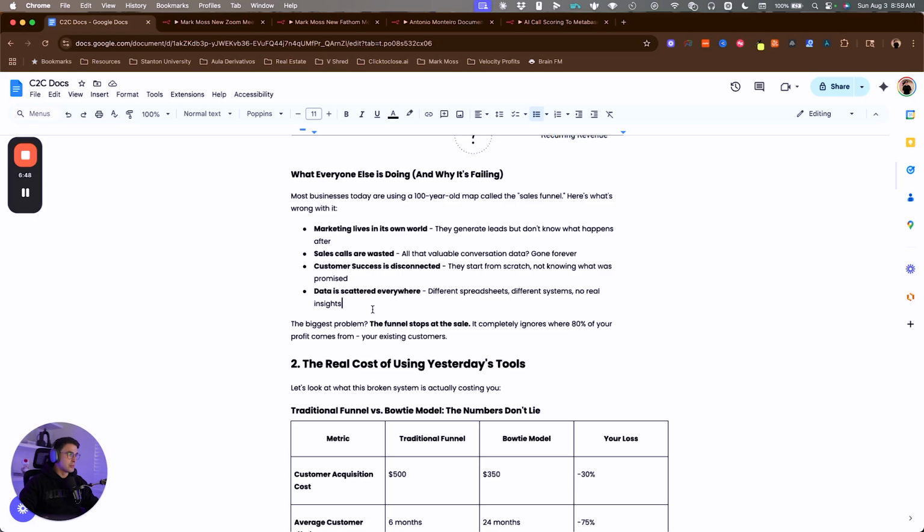And then the biggest problem: the funnel stops at the sale. Whenever that happens, I mean, you already acquired the customer. You might as well just try to sell them again, right? Not just by trying to give them more information like most people do with a mastermind, but actually trying to provide a service that is recurring and would drastically improve the LTV of your customer and also the enterprise value of your business. Because one of the things about info products, coaches, and consultants is that the key player risk is pretty high.